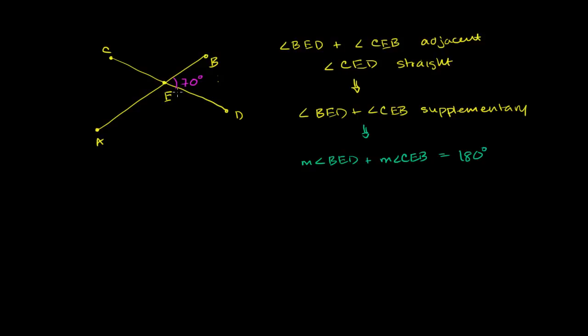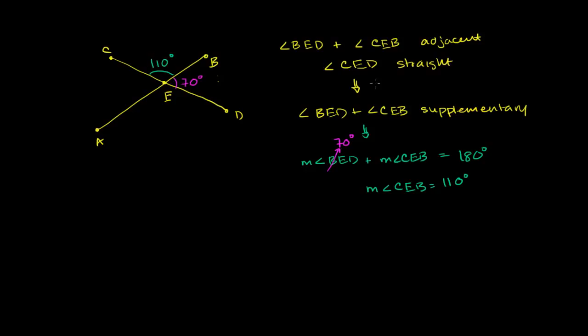Now we already know the measure of angle BED is 70 degrees. And so 70 degrees plus the measure of angle CEB is 180 degrees. You subtract 70 from both sides, and we get the measure of angle CEB is equal to 110 degrees. So we figured out that this right over here is 110 degrees.